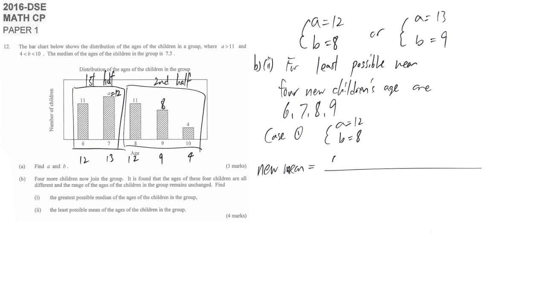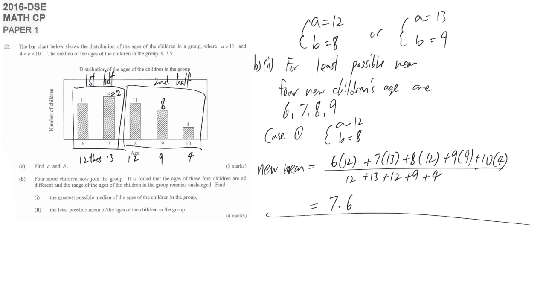So it is equal to: age 6 appears 12 times, 7 appears 13 times, 8 appears 12 times, 9 appears 9 times, and finally 10 appears 4 times, divided by the total number, which is 12 plus 13 plus 12 plus 9 plus 4. Then the new mean is 7.6.